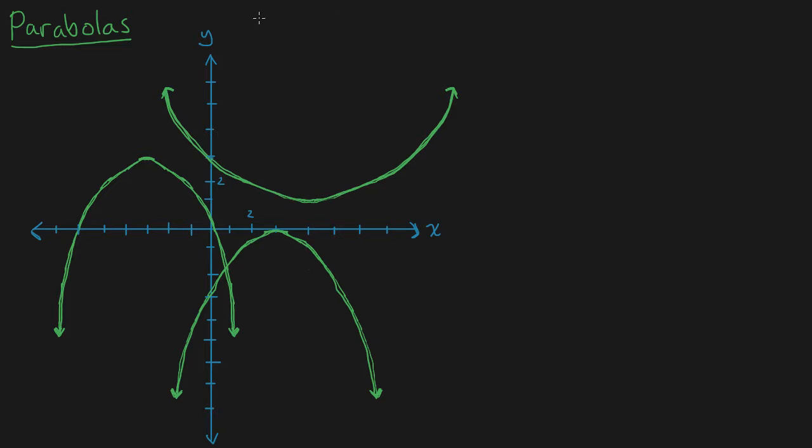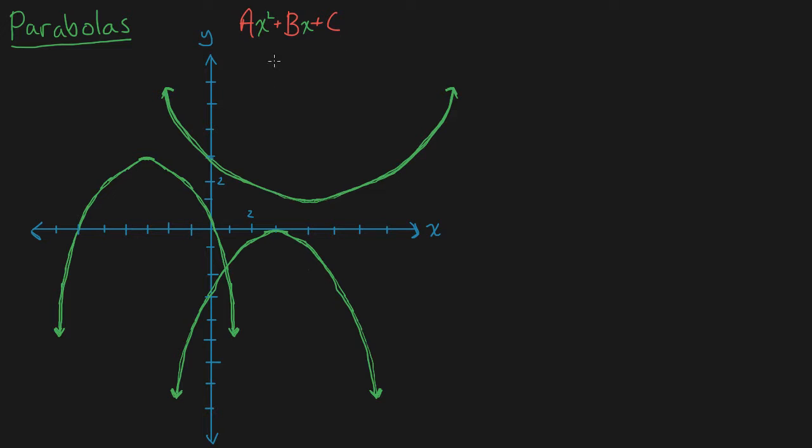We have some coefficient a times x squared, and then we add to that another term with a coefficient b times x. And then finally, we add to that our constant term.